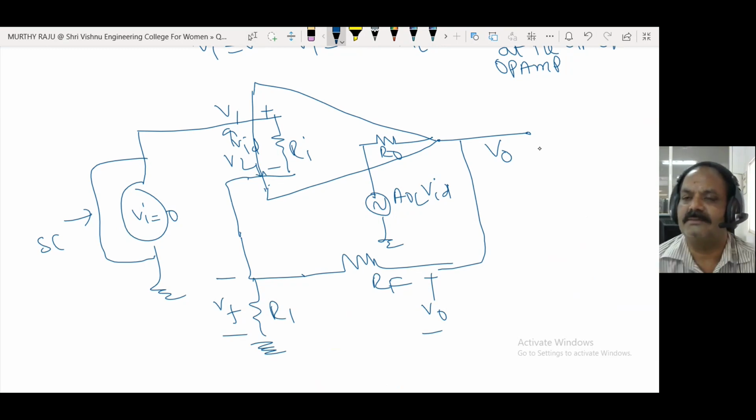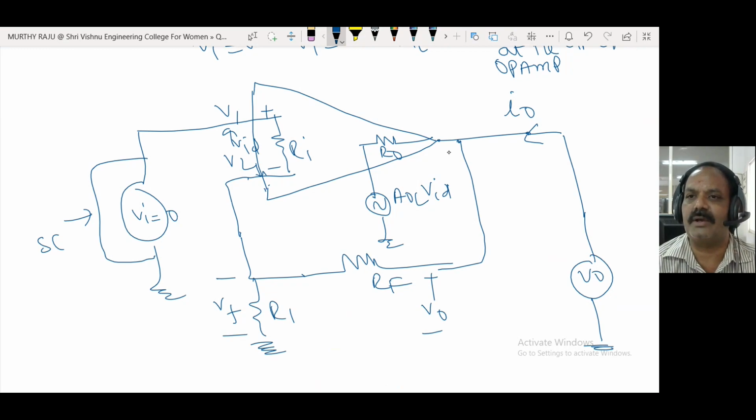Remove RL from this circuit; RL is equal to infinity. Connect V0 here. The current from that V0 is I0. At this node, I0 is divided into two currents, I1 and I2.